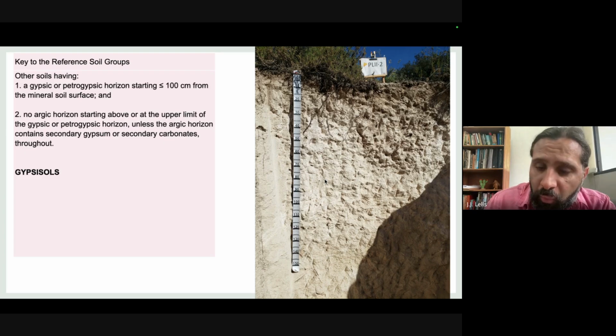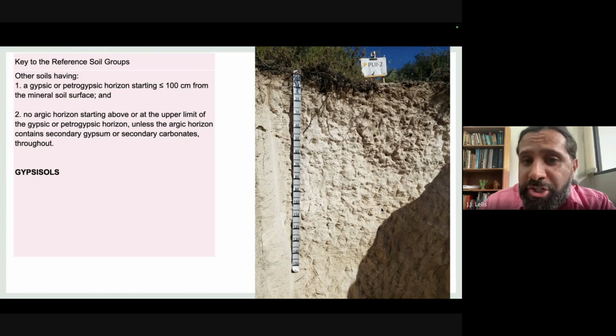So the only way to identify if we register gypsum or not is again to drop acid. Okay, if we have these whitish colors and you drop acid and you register no reaction, in this case I can be more sure about gypsum precipitation. But if it reacts, you should not exclude the possibility that you also register some gypsum precipitation.